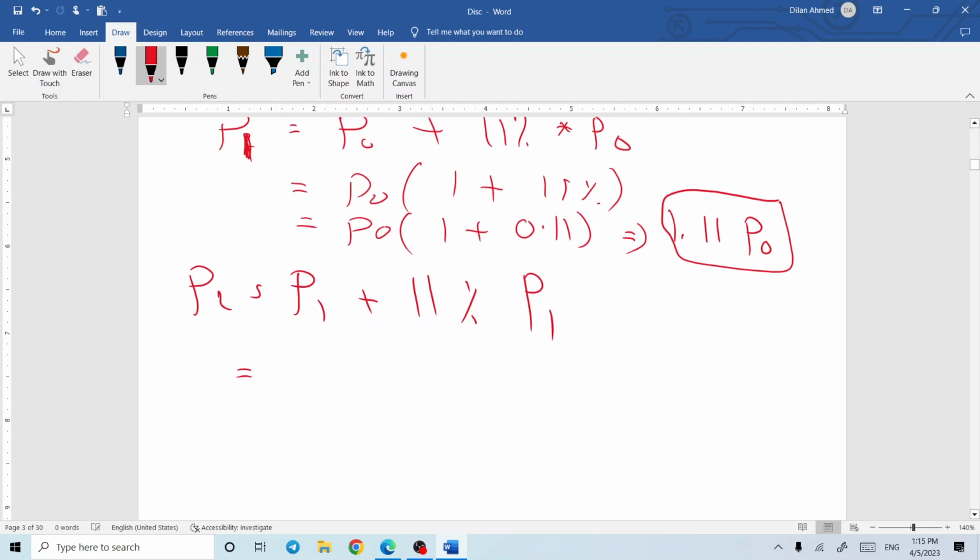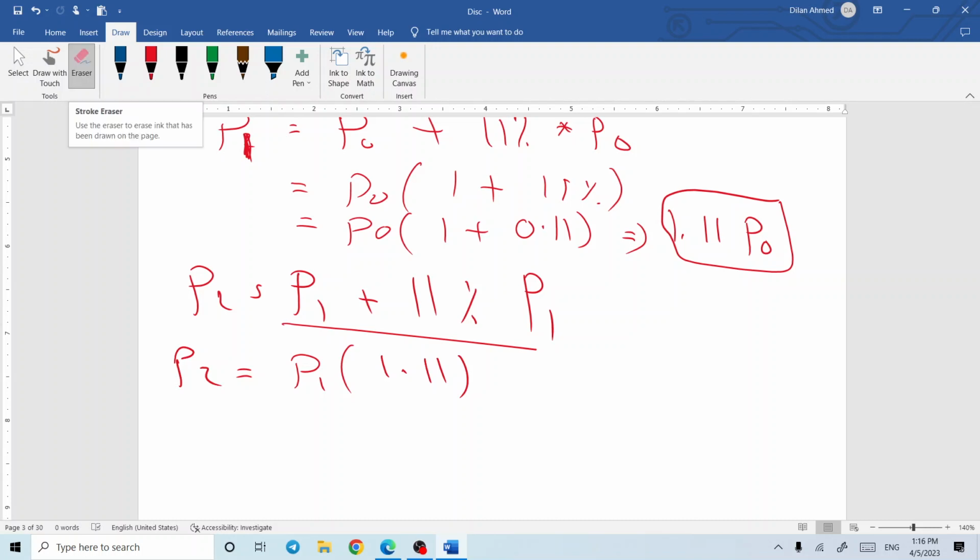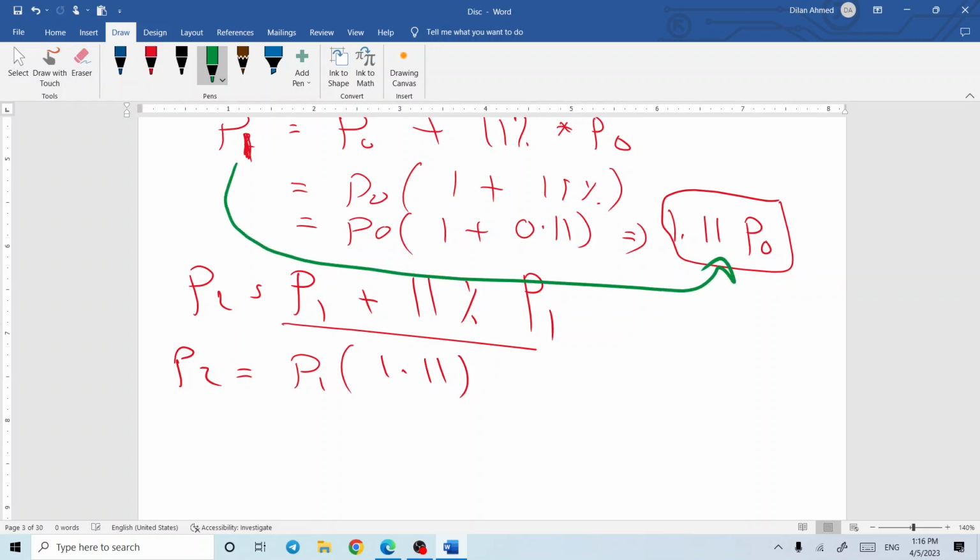If you ask me about P1, it is 1.11 P naught. And for P2, P1 was equal to 1.11 P naught, and we have 1.11 again.